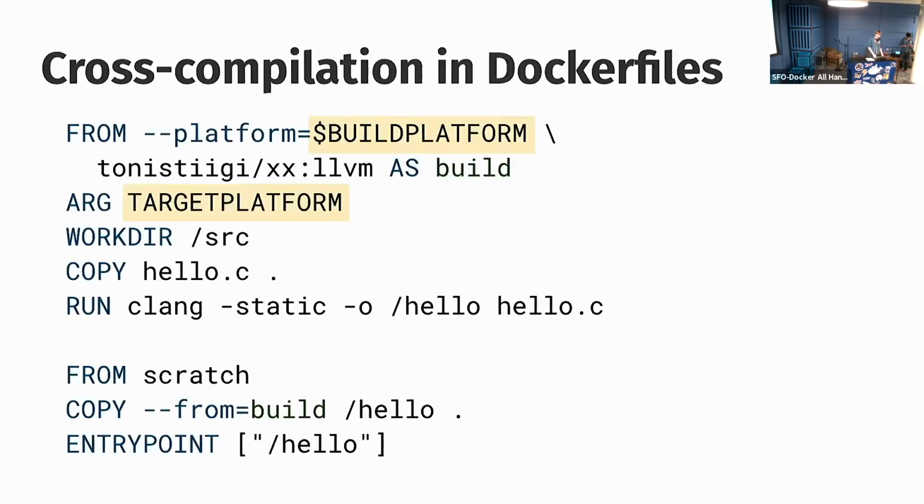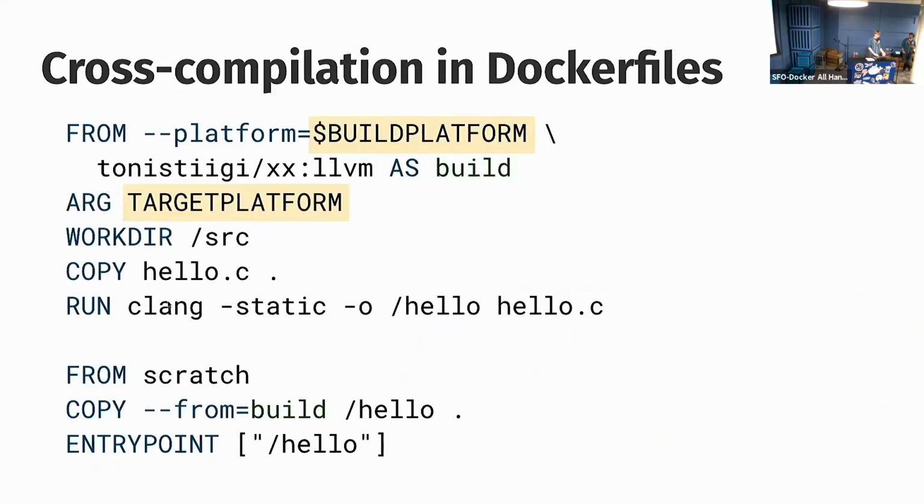So for example, here I have two stages in this Dockerfile, and the first one says that the image it is based on should come from a platform called BUILDPLATFORM. This means that this stage is always the native platform of the machine that's doing the build. For example, if I run this here, it's Linux x86.